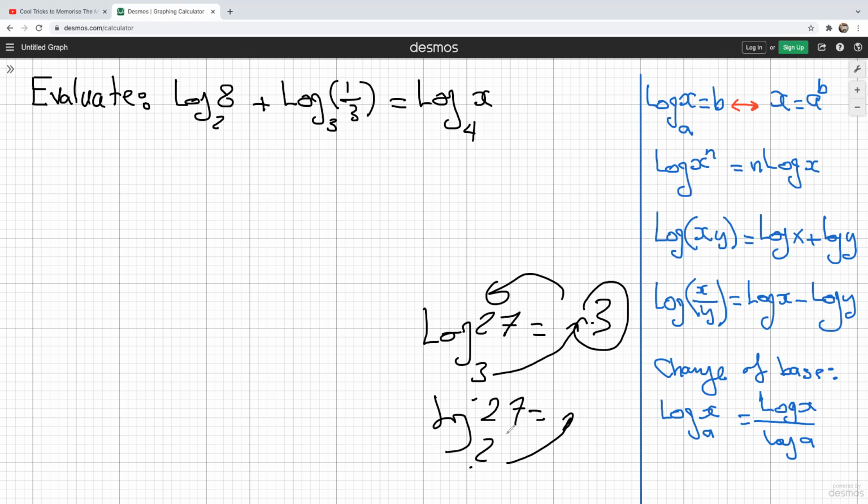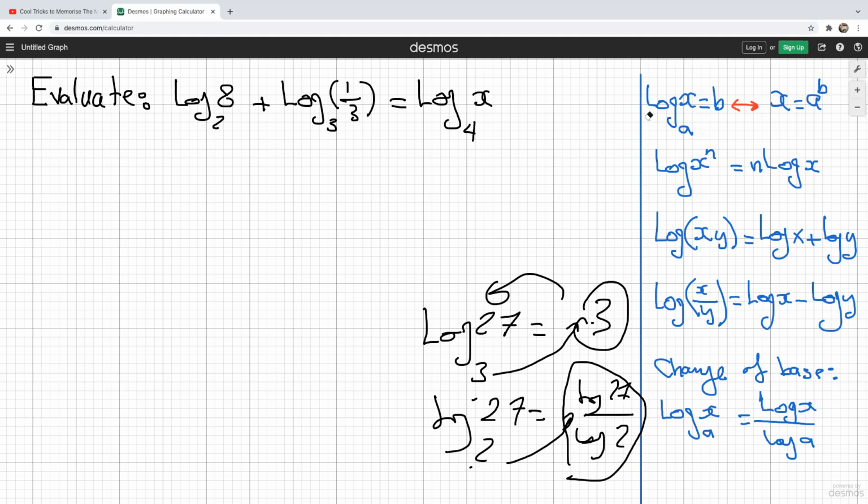We don't know. This is going to be a decimal answer. So here you could change it to log 27 over log 2 and plug that into your calculator. It'll give you that decimal number that when you take 2 and raise it to the power of that answer, it will give you 27. So that's why we do change of base.